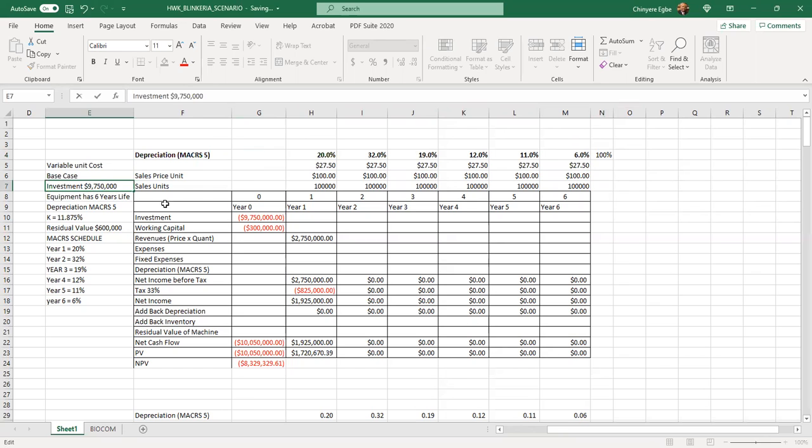All right, so the base investment is $9.7 million, which is here. And additional working capital will be needed of about $300,000, which you expect to liquidate at the end of the project and recover your working capital. Now, it's possible that you do not recover working capital. Working capital includes inventory, accounts receivable, and what have you.